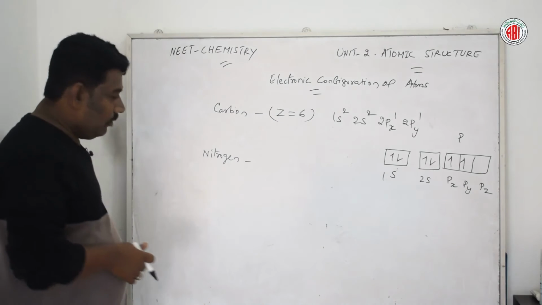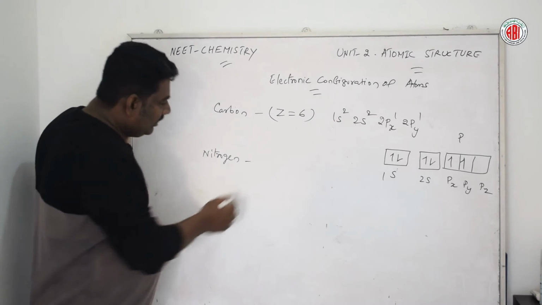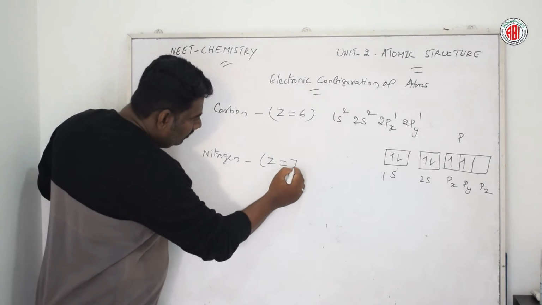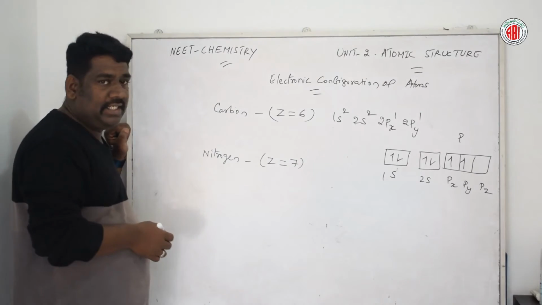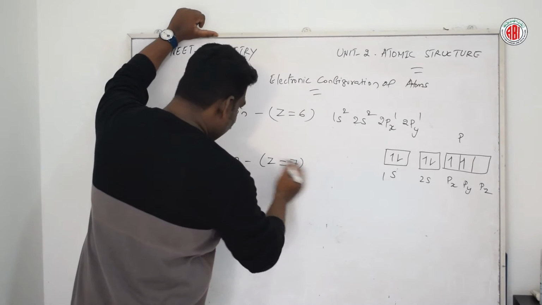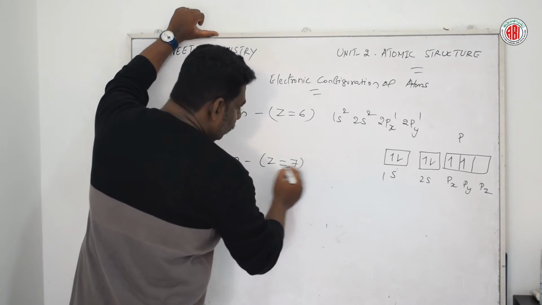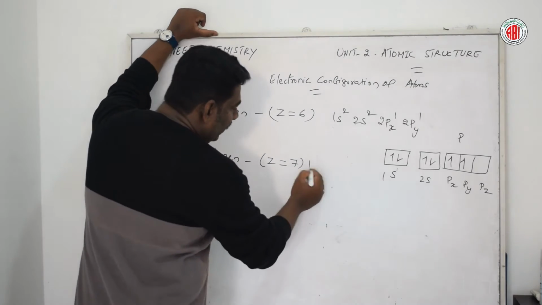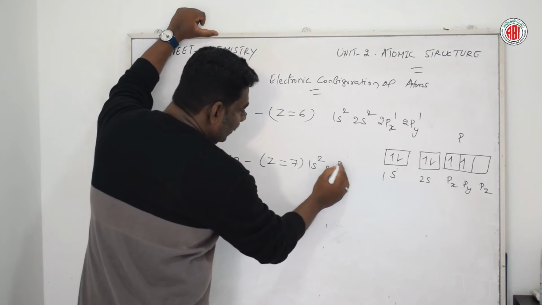When we talk about nitrogen, the atomic number Z is equal to 7. So the total number of electrons is 7. 1s2 is filled, 2s2 is filled.